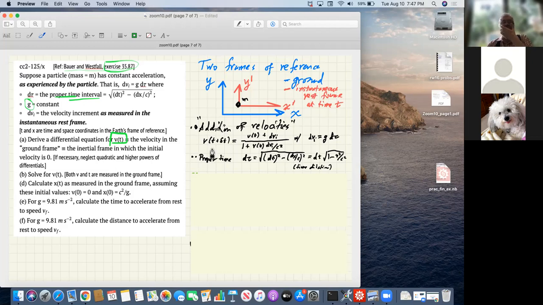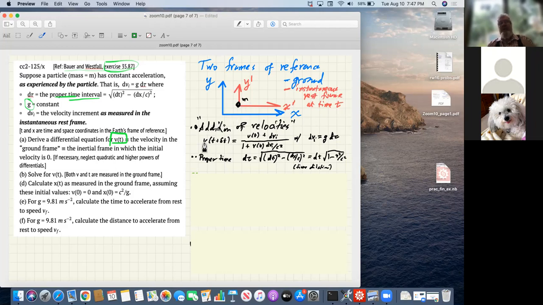All right, now I want to consider a later time, t plus delta t. So what will be the velocity of m at a later time, t plus delta t? Well, that's an example of addition of velocities. This mass is moving with velocity v at time t. It's given an additional velocity dv sub I relative to this frame of reference.